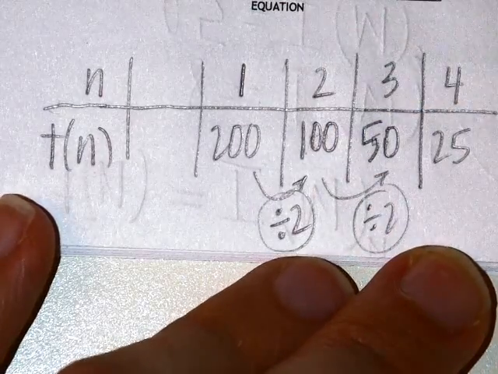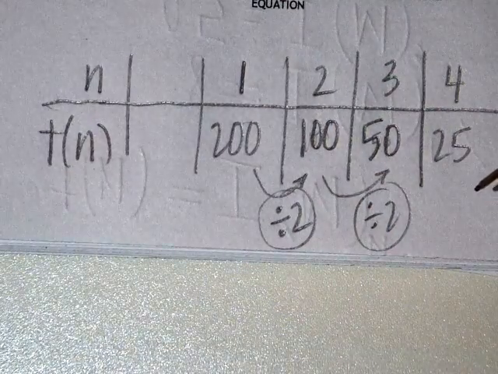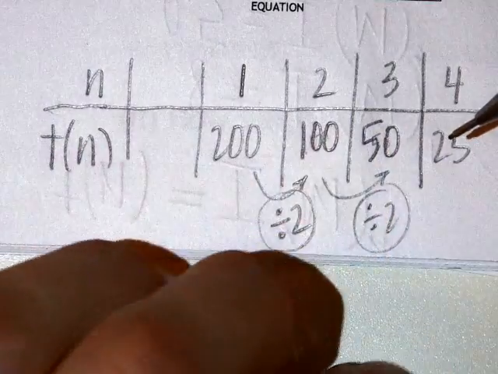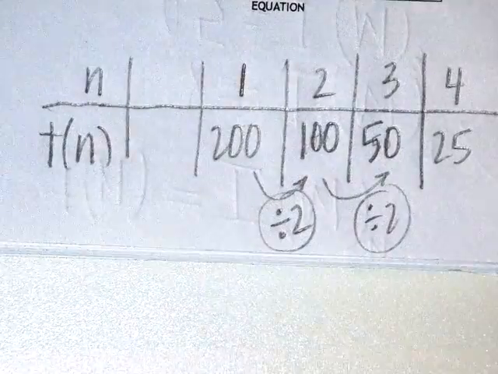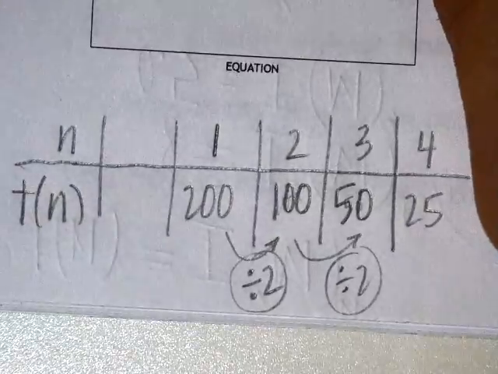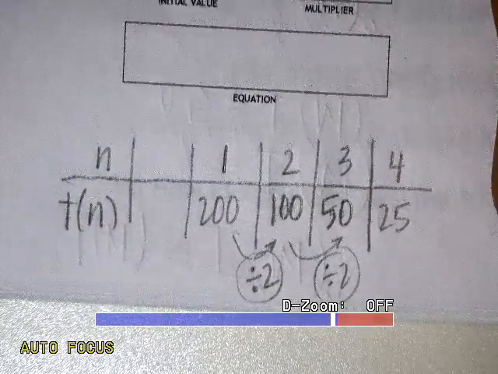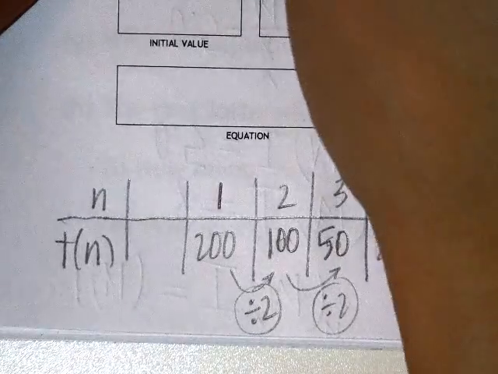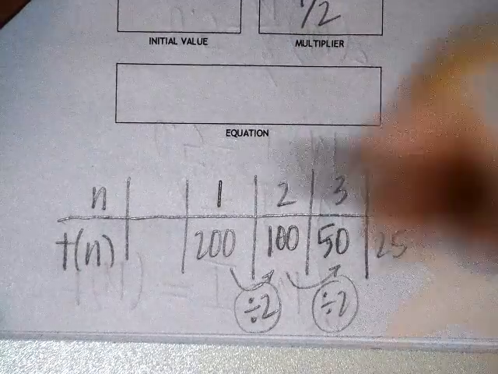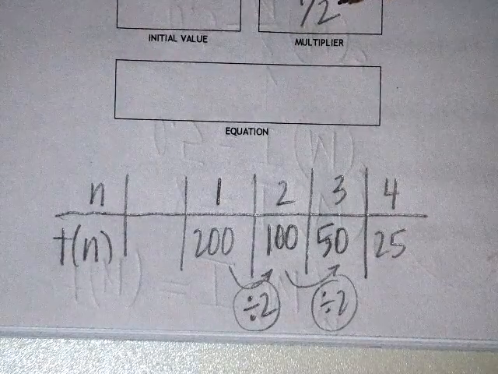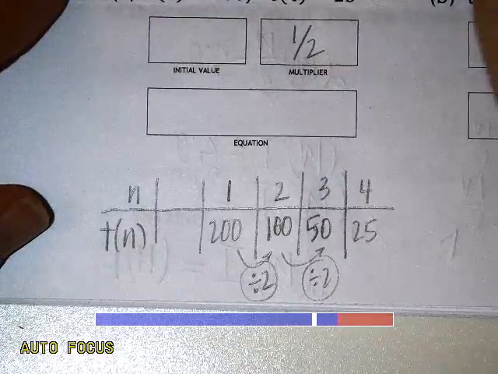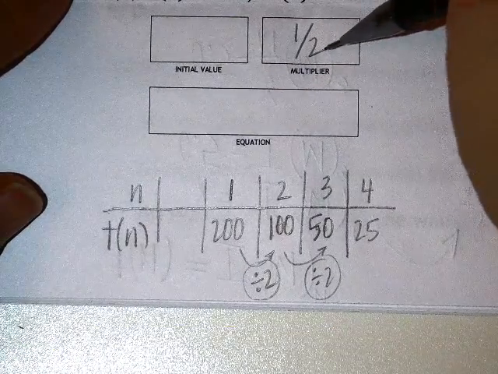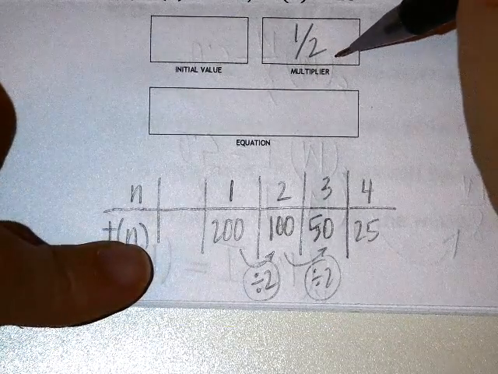So it totally looks like dividing by 2 is the pattern. Now that I know that I'm dividing by 2, I can make an important conclusion. That means that the multiplier of this problem is 1 over 2. Remember, if you're dividing, your multiplier will look like a fraction, 1 over whatever we were dividing by. So 1 over 2 because we were dividing by 2.